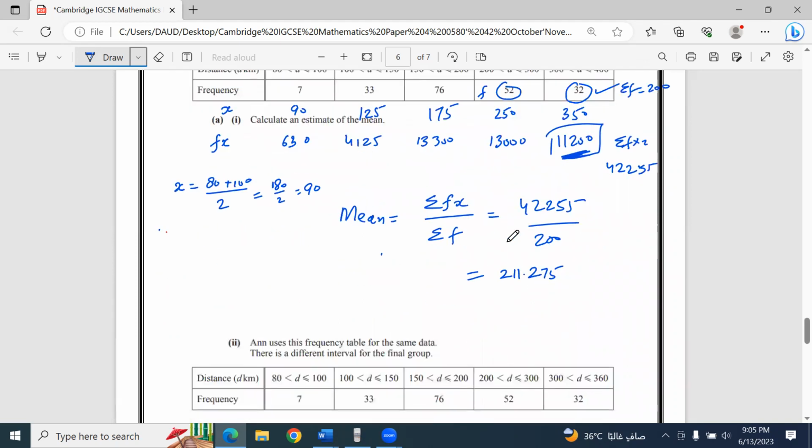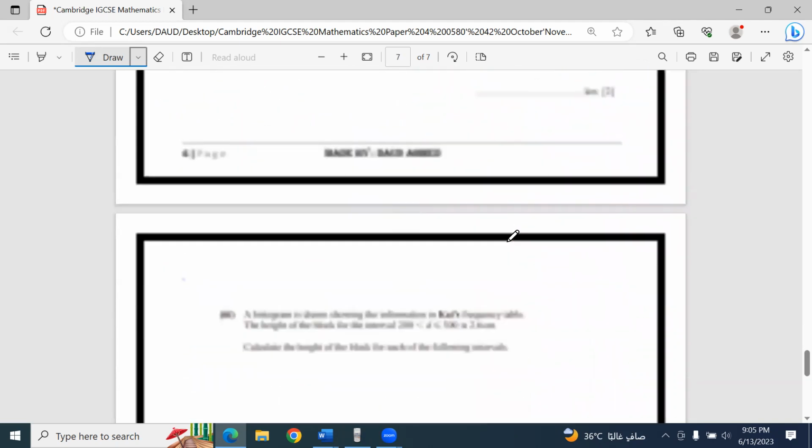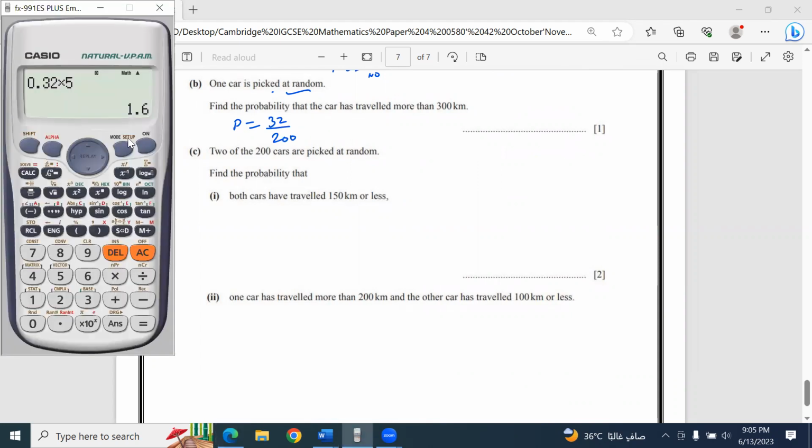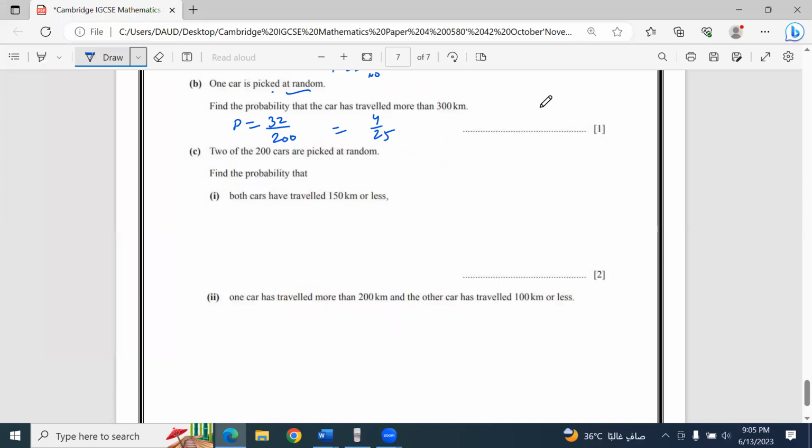So the probability is 32 over the total number of 200 cars. Then simplify: 32 divided by 200 gives me the simplest form, 4 over 25.